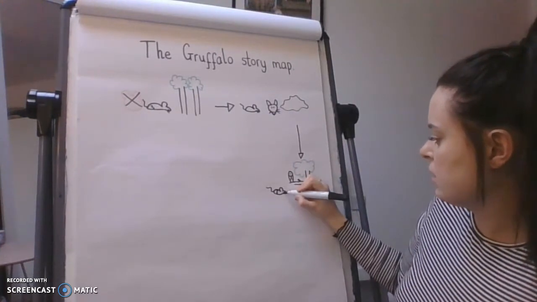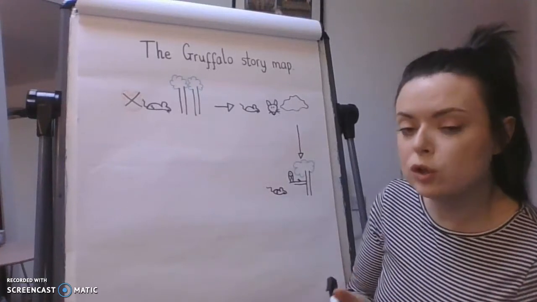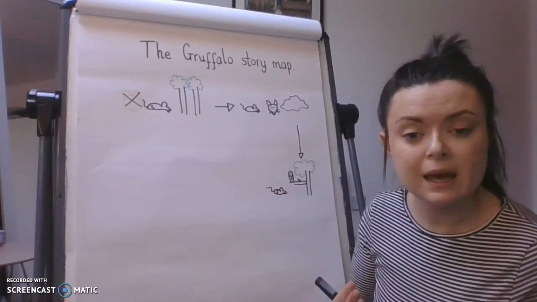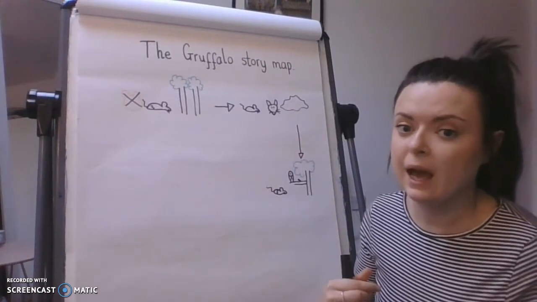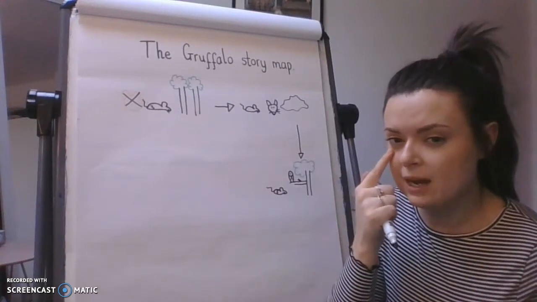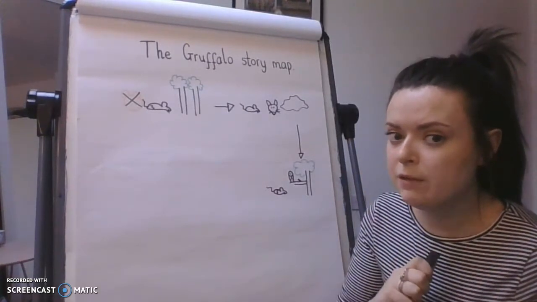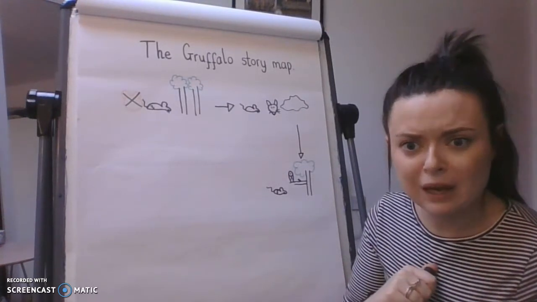And what does the owl say to the mouse? He says, "What are you doing?" And the little mouse says, "I'm going to meet the Gruffalo. He has," and then what does he have? He has orange eyes, some terrible teeth, and his favourite thing to eat is owl ice cream.